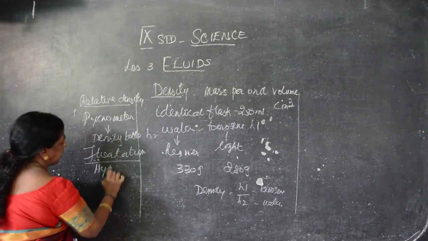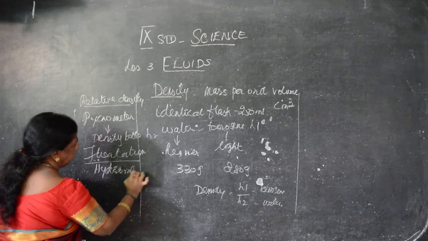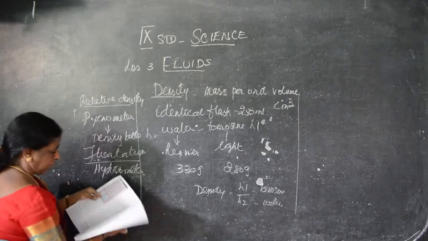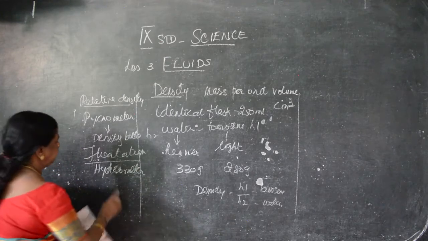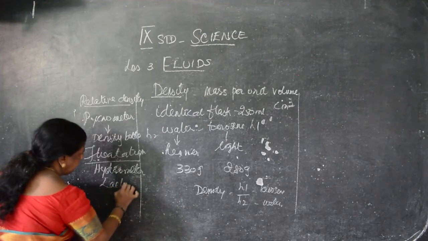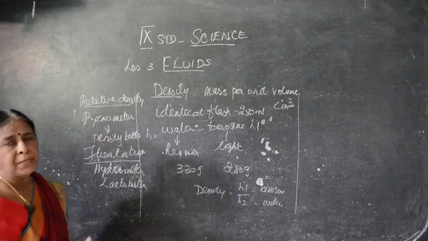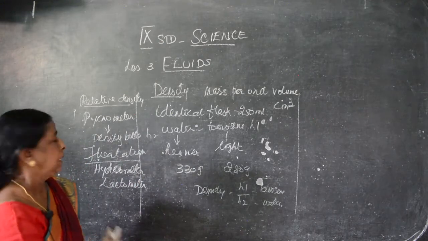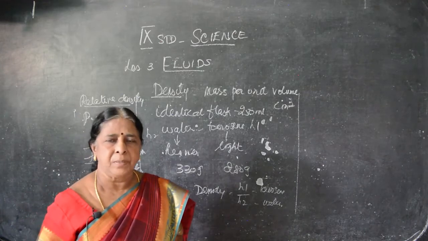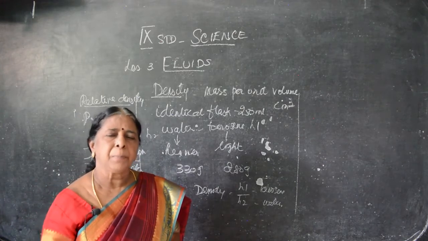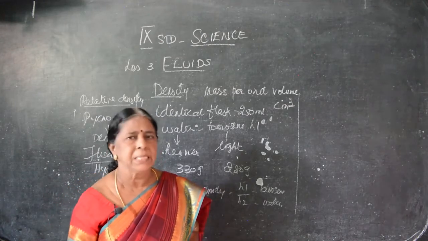One is the hydrometer, hydro meaning water. The other one is the lactometer. The hydrometer is used to find the density of liquids. The lactometer is specially designed to find the density of milk. For example, if the lactometer is used, we can find out how much water is added to the milk.